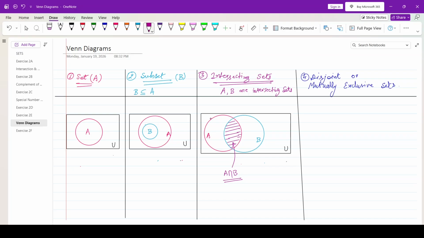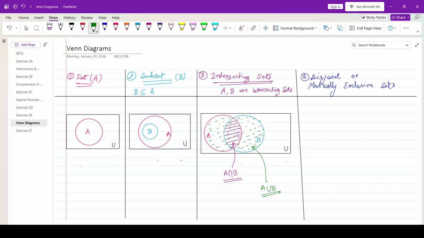Now we know this circle is A, this circle is B, this middle part is A intersection B, and this part, let's take a different color. And this green dotted dashed area is called A union B.